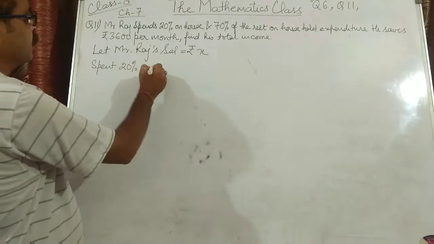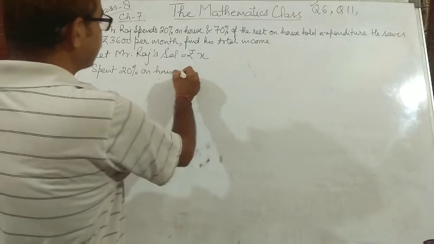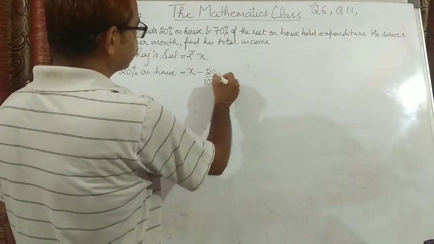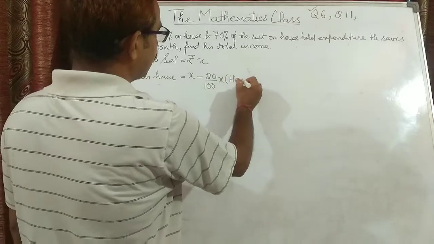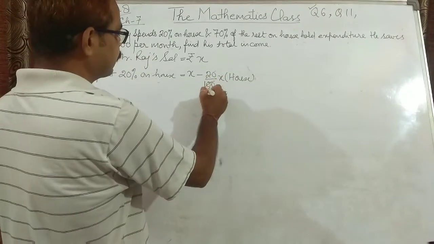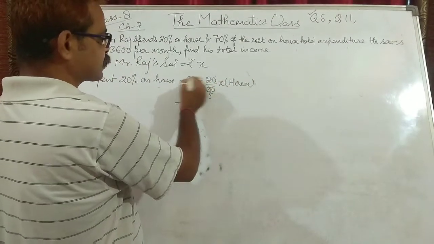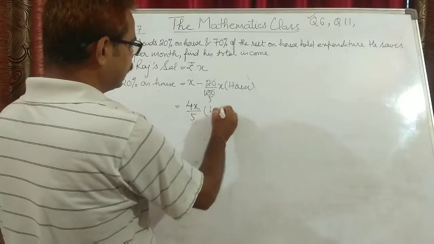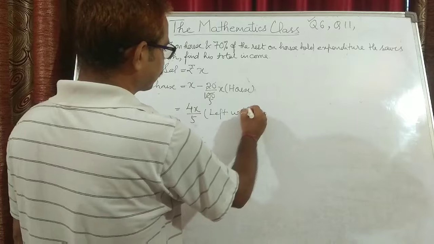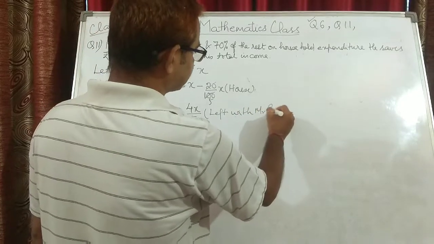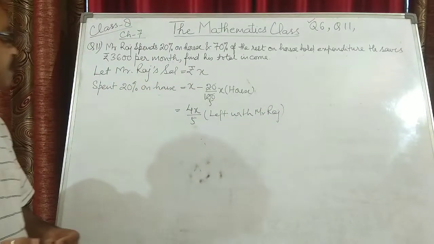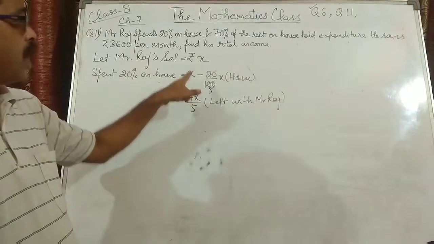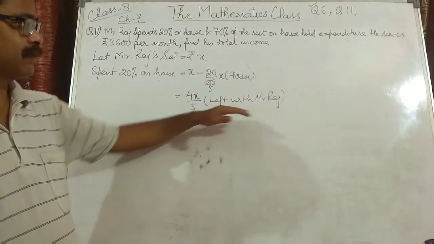That is 20% of X, which is x upon 5. So he has 5x minus x, 4x upon 5 left with Mr. Raj. After spending 20% on house of his total income, 4x upon 5 is left.